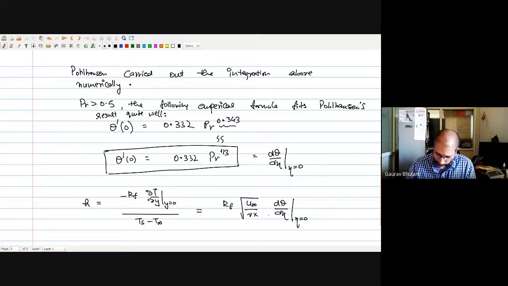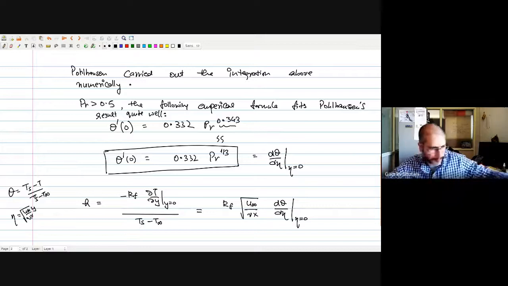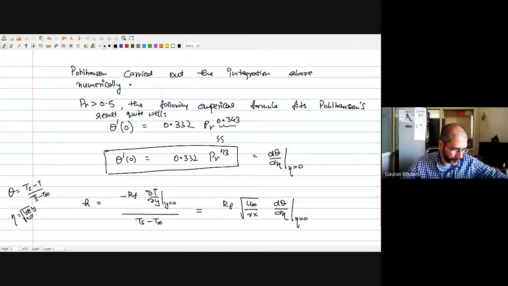Remember, the definition of theta has been used. So theta is Ts minus T upon Ts minus T infinity. That gives theta equal to 0 on the surface and theta equal to 1 in the free stream. And then we use the definition of eta, which is y times square root u infinity upon nu x. That was the similarity variable we started with. So if we use these two and substitute them here, this is what we will get.